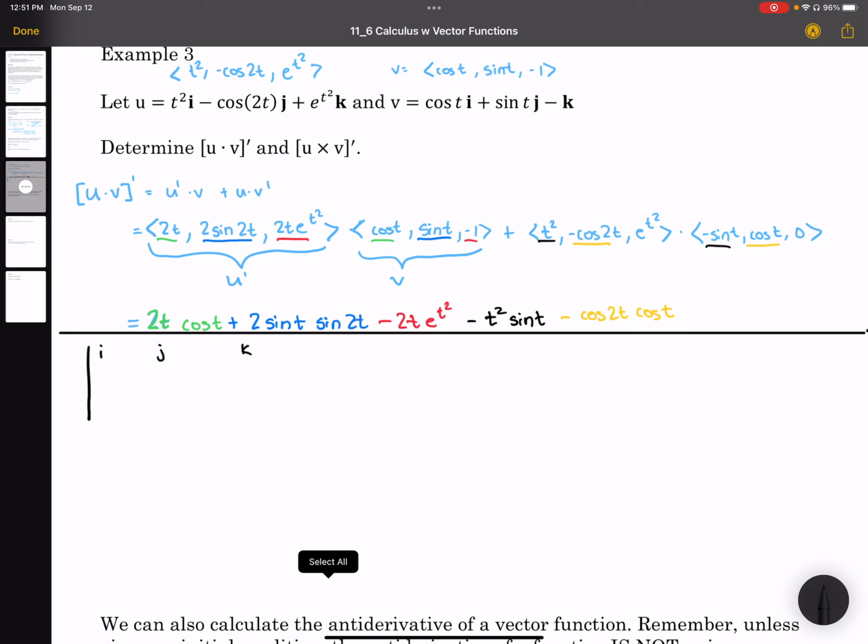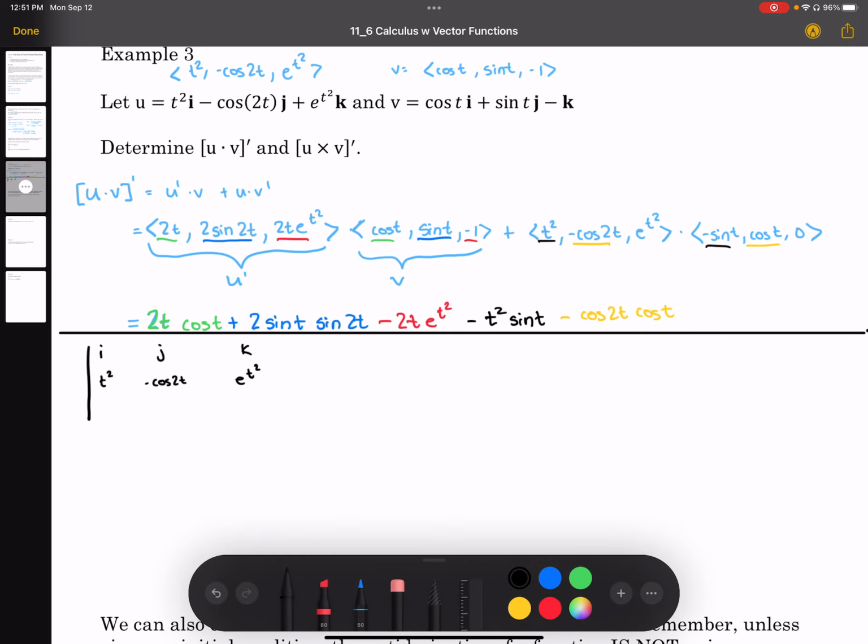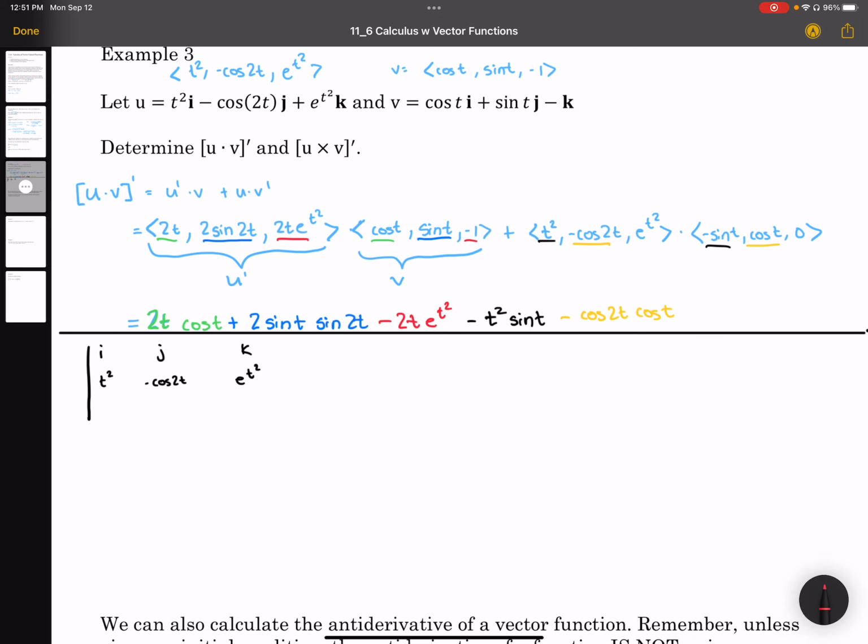So we're going to have i, j, and k. And so u is t squared, negative cosine 2t, and e to the t squared. And v is cosine t, sine t, and negative 1.